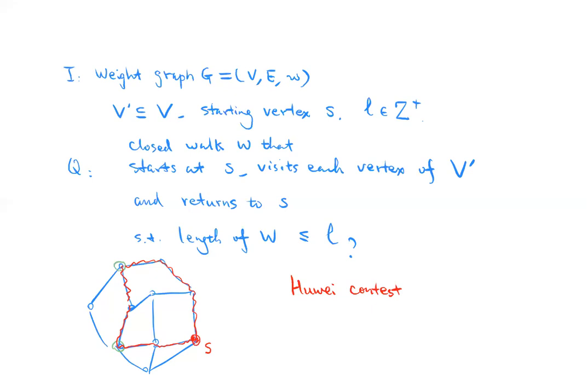Okay, so anyone see which problem is a special case of this one? Hamiltonian cycle. You can say that, but actually, no, it's the shortest path, not longest path. Actually, it's TSP.